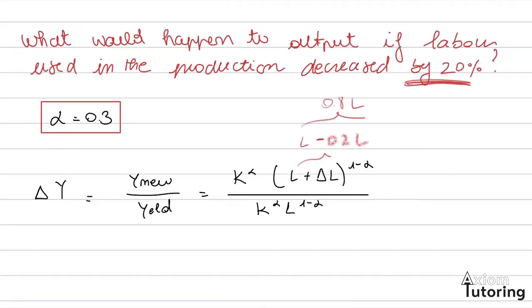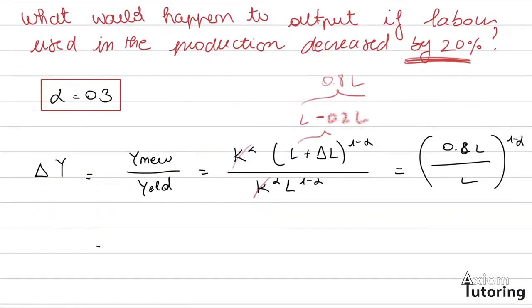And we can already see that we can cancel out K. So we are left with 0.8L over L, everything to the power of 1 minus alpha. And again, we can simplify the L out and write 0.8 to the power of 1 minus alpha, which is going to be 0.8 to the power of 0.7.